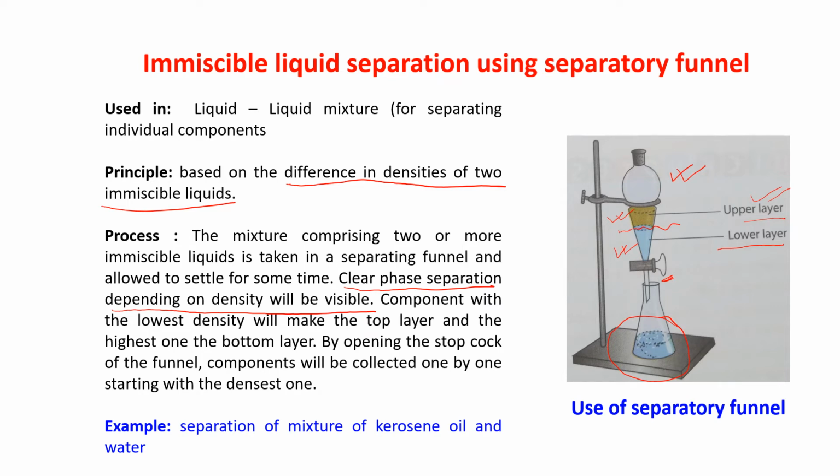Like that, you can separate 2 or more immiscible liquid with the help of separating funnel. You can take out the liquid one by one. The example is separation of the mixture of kerosene oil and water.